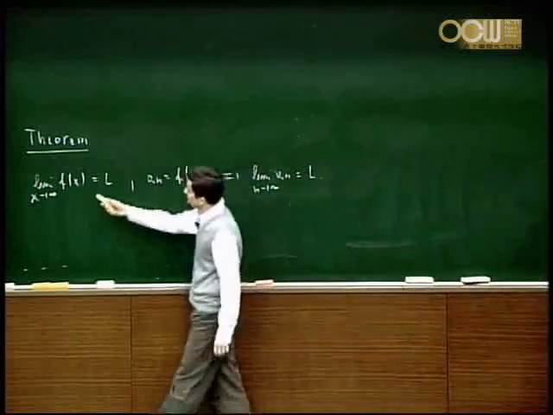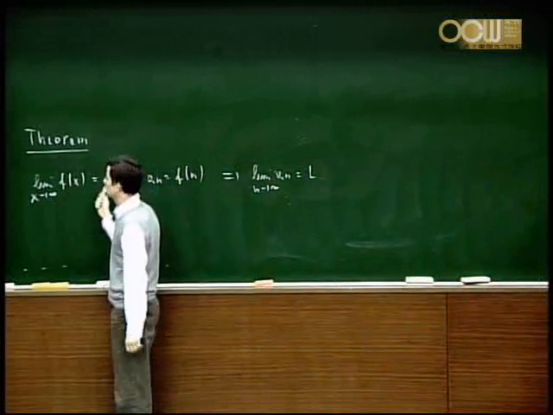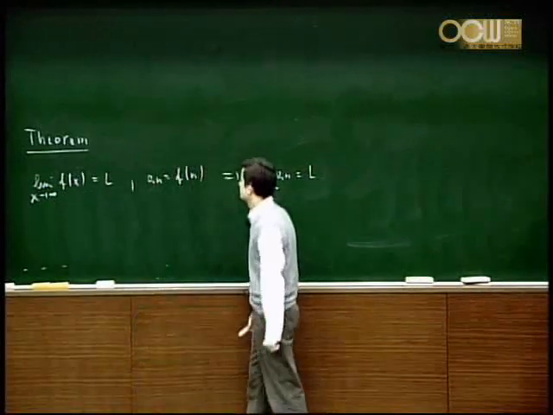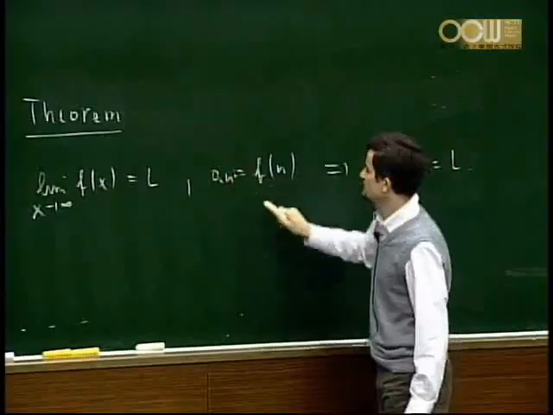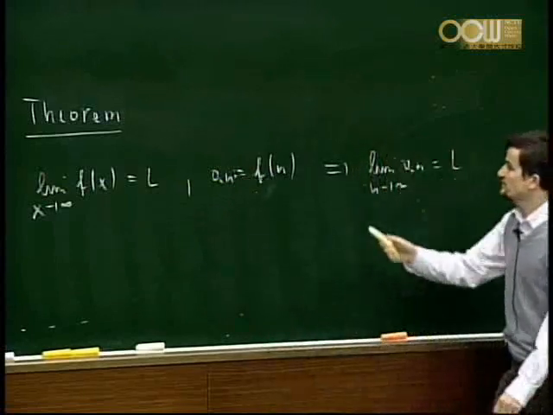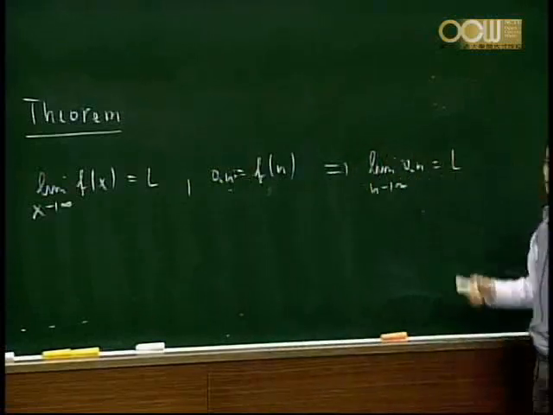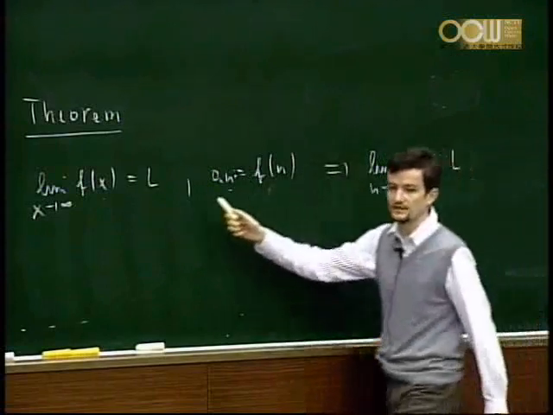So if you know that the limit of f of x as x tends to infinity is equal to L, and you define a sequence like this here, so this is a definition, then also this sequence a n will be convergent, and the limit will be the same as this limit here.